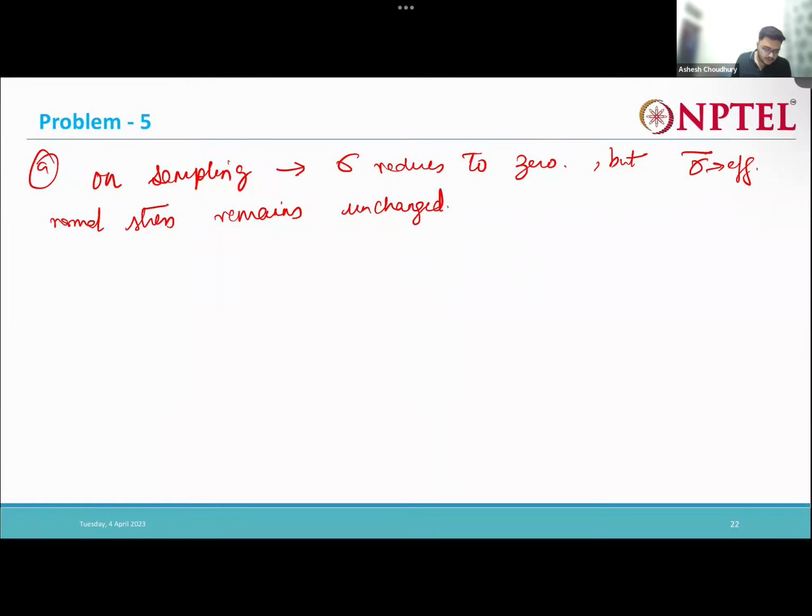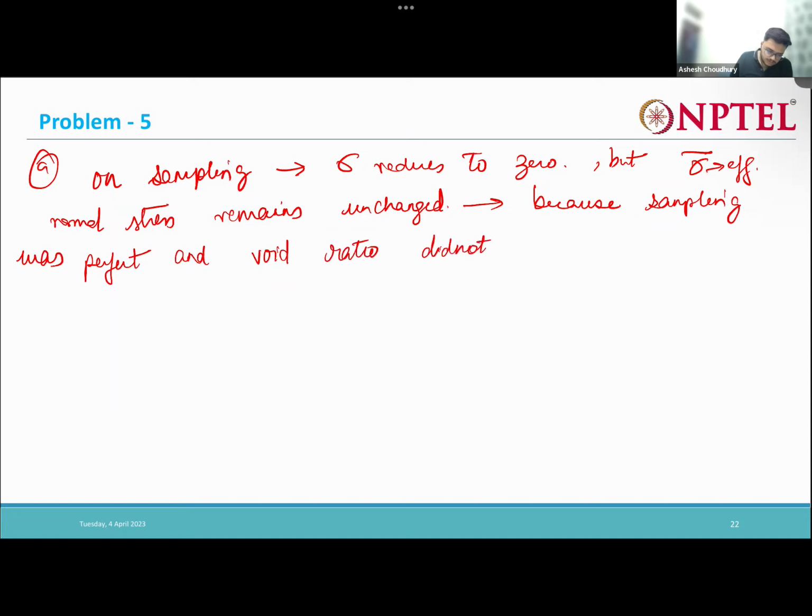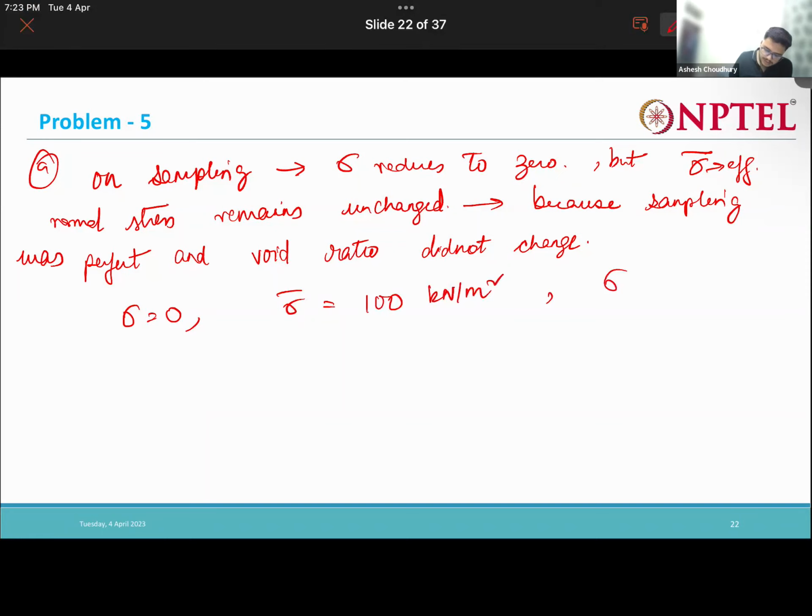This is because sampling was perfect, and the water content and void ratio do not change. So we have sigma equal to 0. So my pore water pressure will be how much?